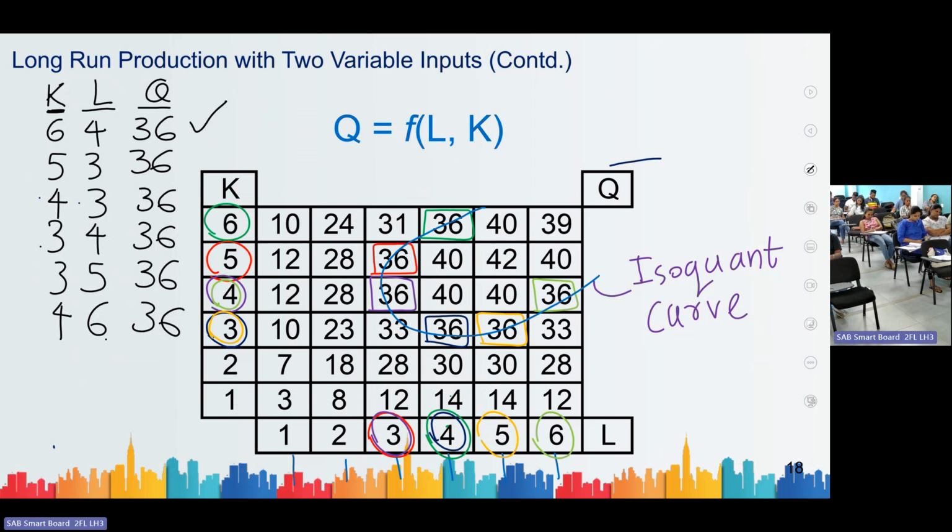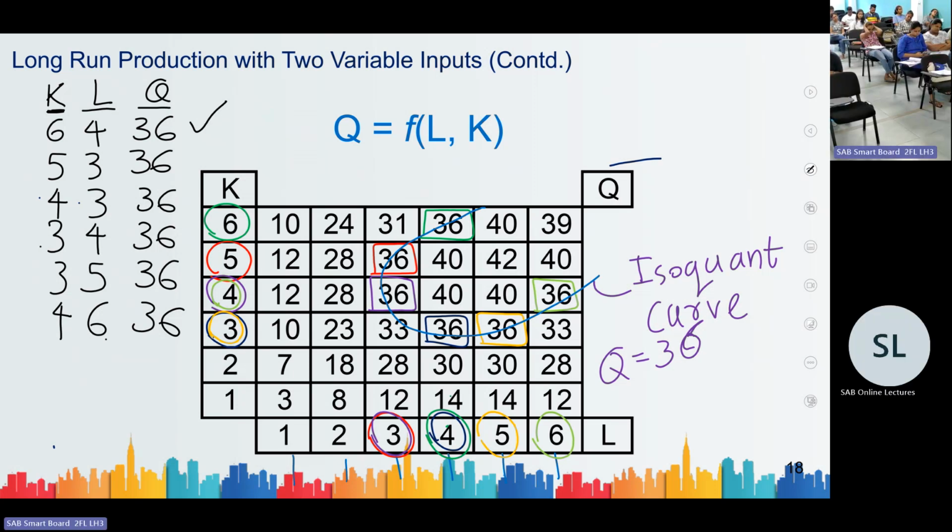We have similar quantities of output at different combinations of inputs. This is the isoquant curve for 36 units of output. Q equals 36.